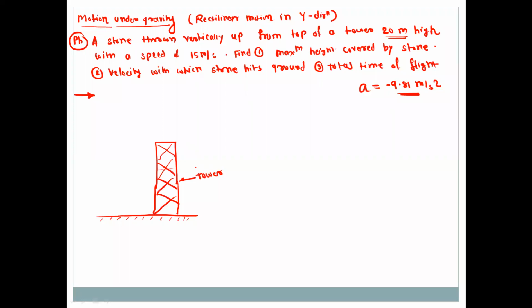Okay, so this is the tower. This tower has height 20 meter. So stone is thrown vertically up from the top of the tower. So suppose from this point, the stone is thrown vertically up.